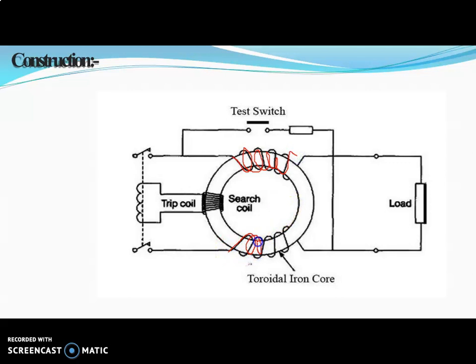The second coil, called the secondary coil, is wound on the other side of the transformer, and another coil is called the search coil. The test switch is connected between the phase or the primary and the secondary coil of the transformer, and the load is connected between these two terminals. This search coil is connected to the trip coil, and this trip coil is connected to the knob.